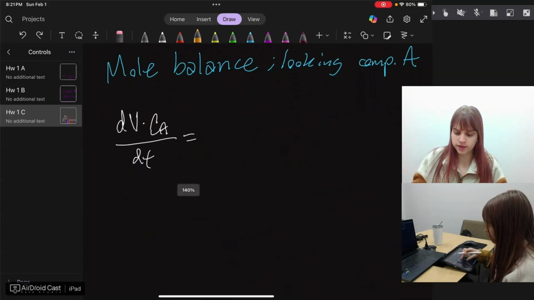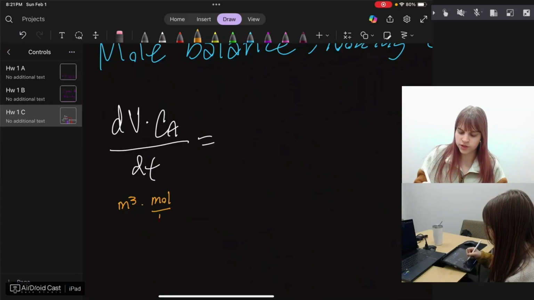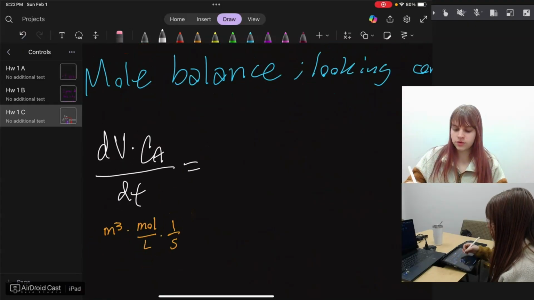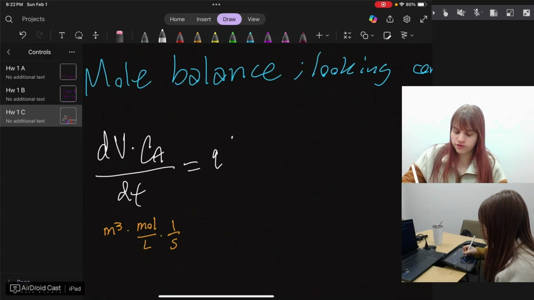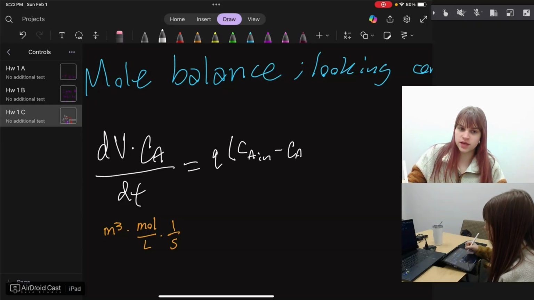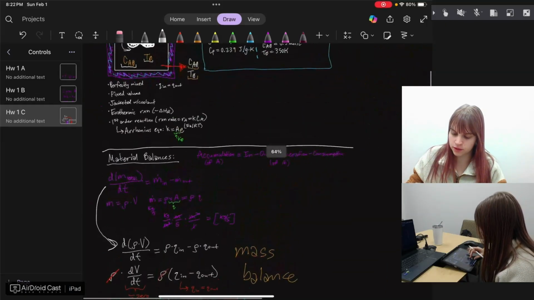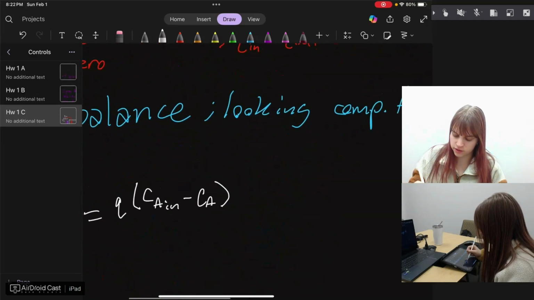And actually, let me point out the units here. So we have meters cubed, Ca is the concentration of A, so that's in moles per liter. And then this dt is going to give us a per time. So we've got quite a few units there. It'll make sense a little bit later. We're going to set this equal to the volumetric flow rate times Ca in minus Ca, and that would be Ca naught.